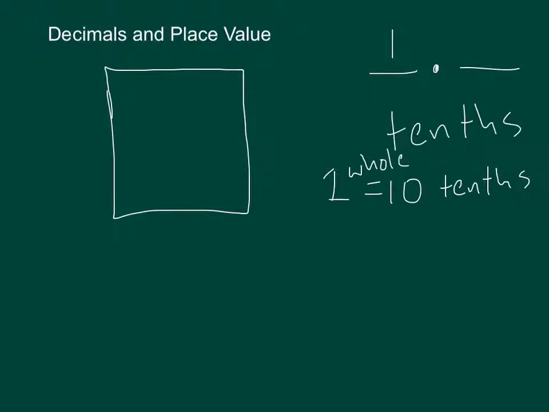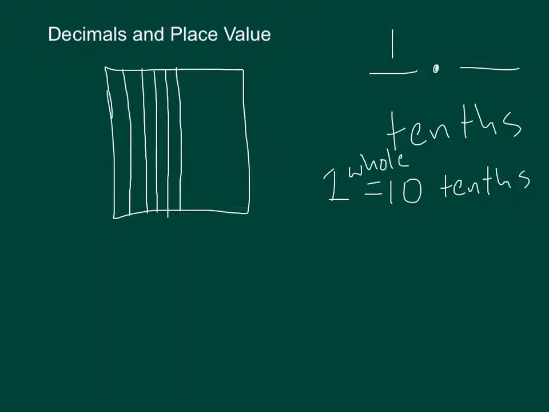So if this box is a whole, we can divide it up into 10 pieces. 1, 2, 3, 4, 5, 6, 7, 8, 9, 10 pieces.